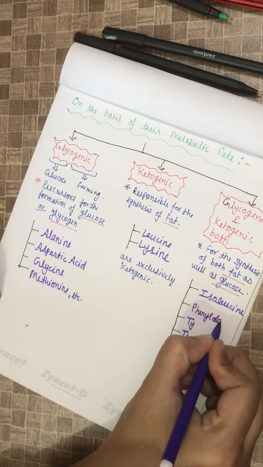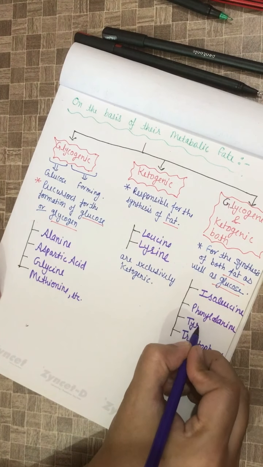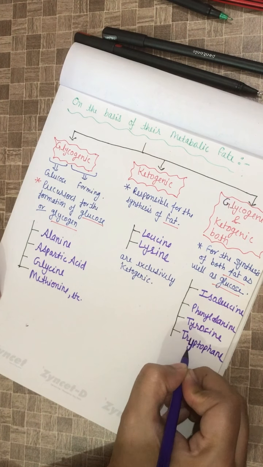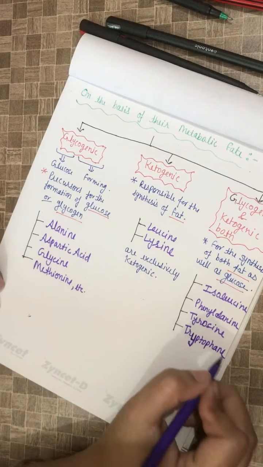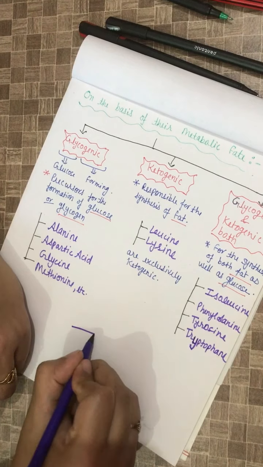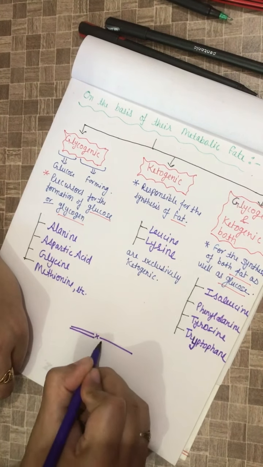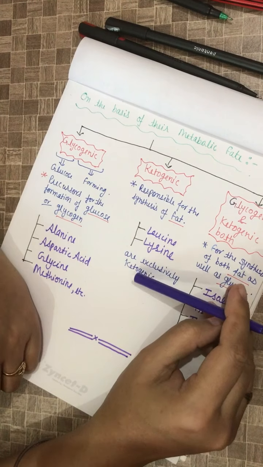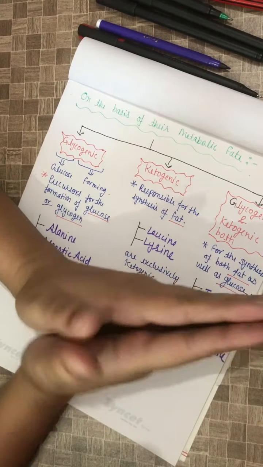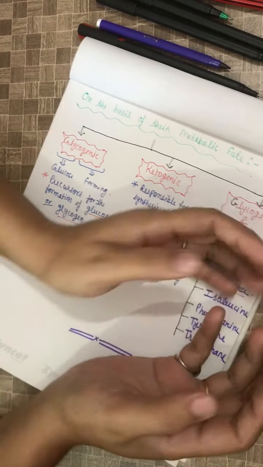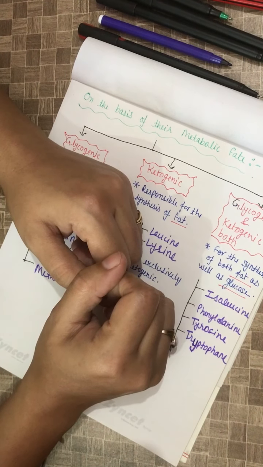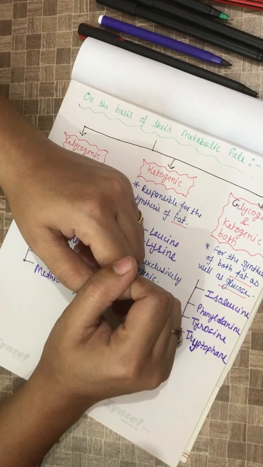Isoleucine, phenylalanine, tyrosine and tryptophan are both glycogenic and ketogenic. So like this, that is the end of the discussion of the classification of amino acids on different bases, such as structure, or on the basis of polarity, on the basis of nutritional requirement, or on the basis of their metabolic fate.